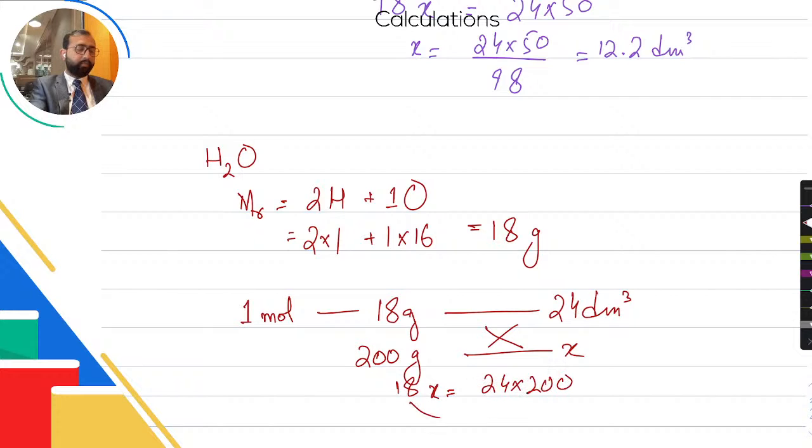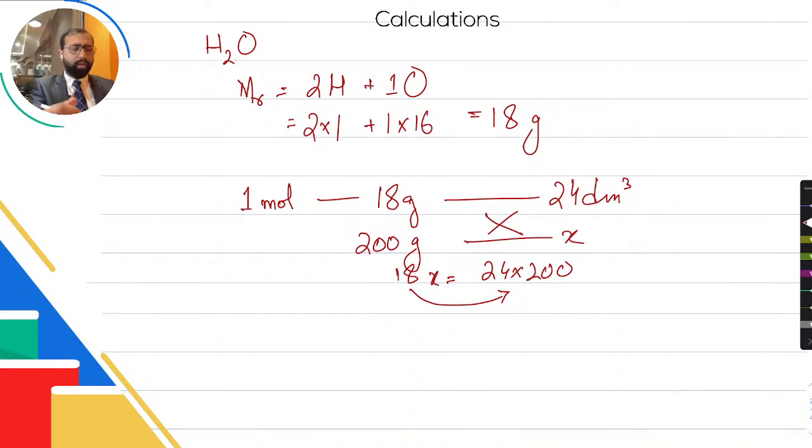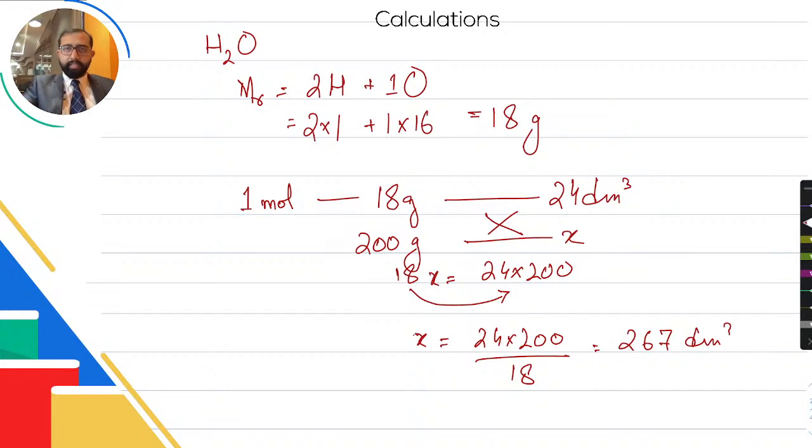And I bring this here or divide both sides by 18, depending on how you were taught basic arithmetic. Let's do it. 24 times 200 divided by 18, and you have it. 267 to 3 significant figures, dm cube. 267 dm cube is the volume if you boil 200 grams.